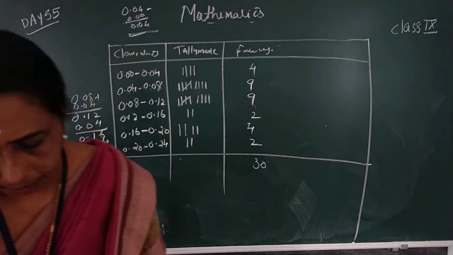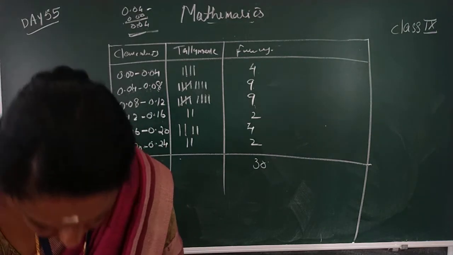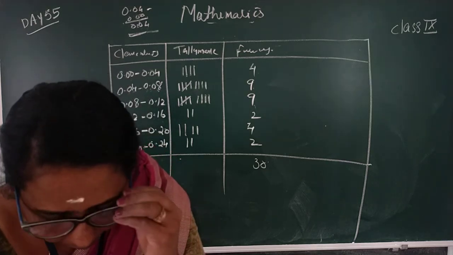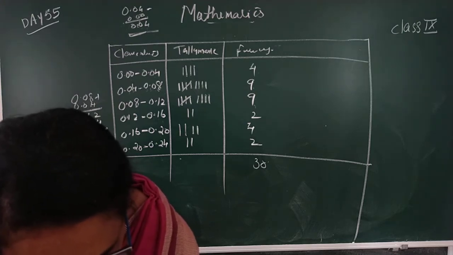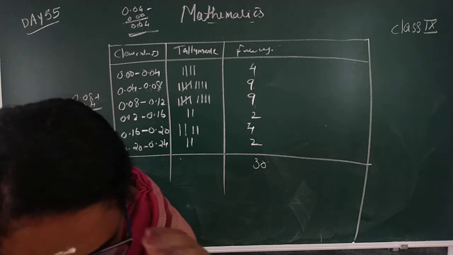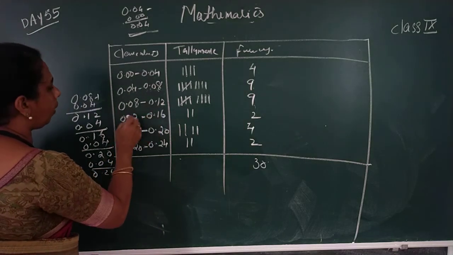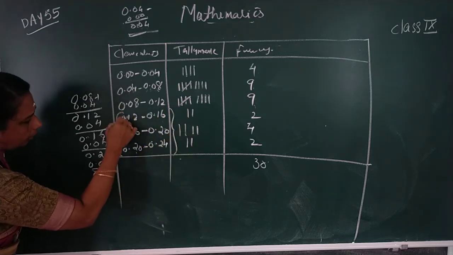Then one question is there. From the table, it is observed that the number of days for which the concentration of sulfur dioxide is more than 0.11 ppm. More than 0.11 means 0.12 onwards.